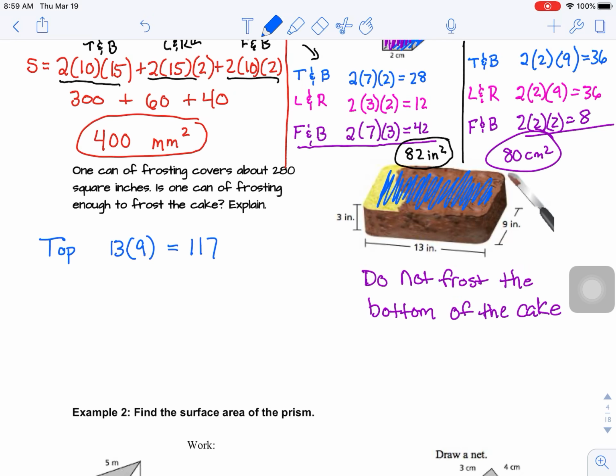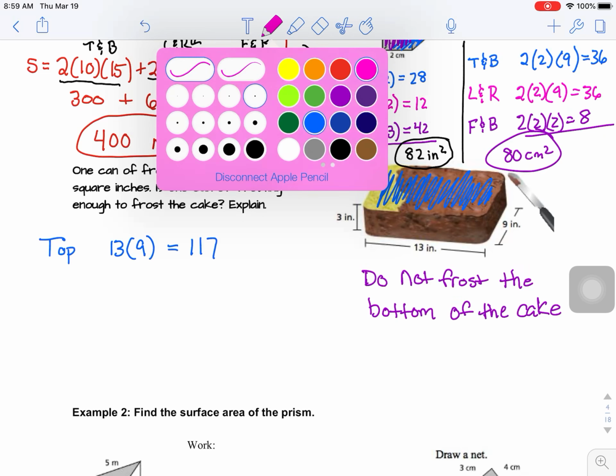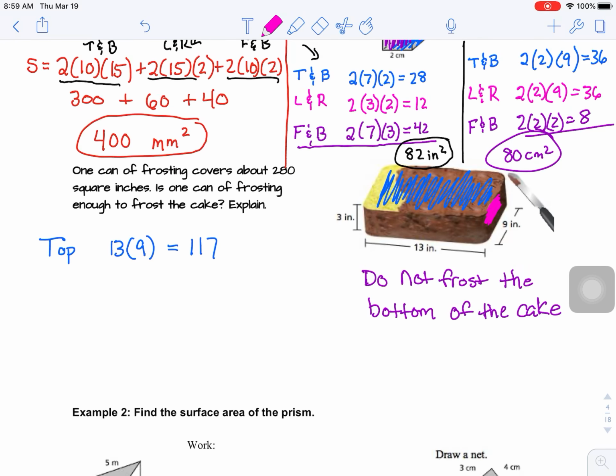If I look at left and right, this piece over here, there are 2 of them, and we would get 9 by 3, which would give us a total of 54.